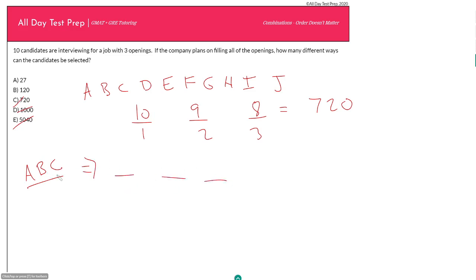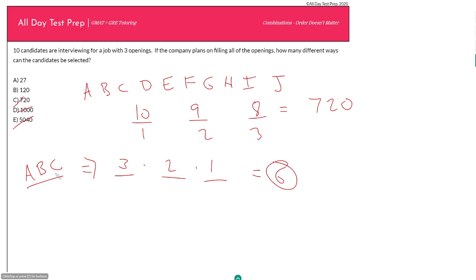So if this is my team here, A, B, and C, I got 3 options for who I could have chosen for my first slot, 2 for my second slot, and then 1 for my third slot, which will give me 6 possible ways this team or any team can be arranged.